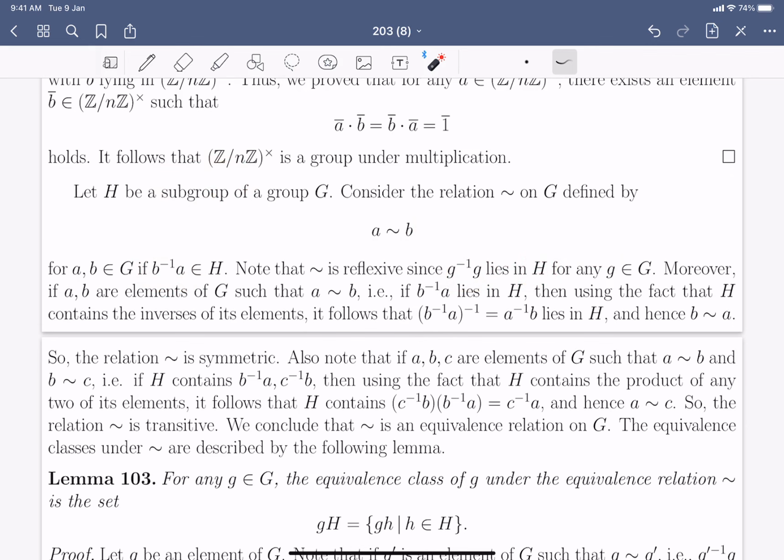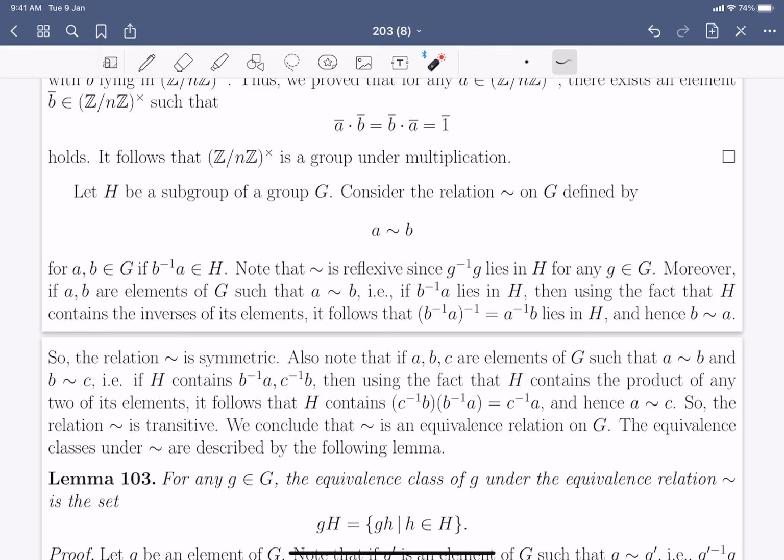Now if you assume that a is related to b, in other words b inverse a lies inside H, then you can invert it.